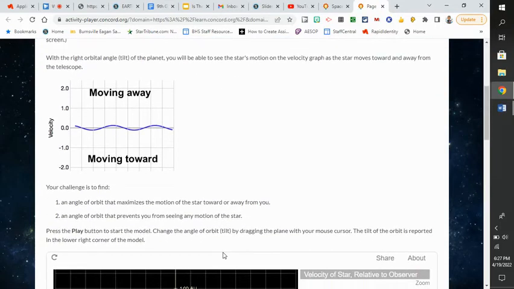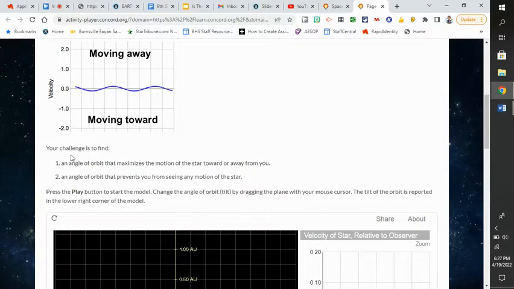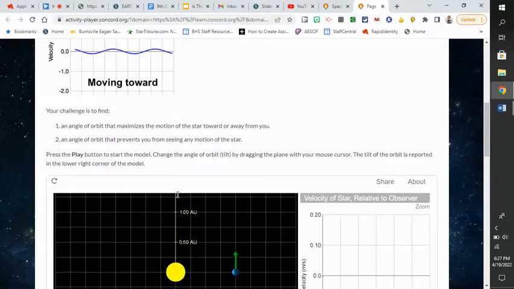With the right orbital tilt of the planet, you will be able to see the star's motion on the velocity graph as the star moves toward and away from the telescope. Your challenge is to find an angle of orbit that maximizes the motion of the star toward or away from you, and an angle of orbit that prevents you from seeing any motion of the star. So press the play button.